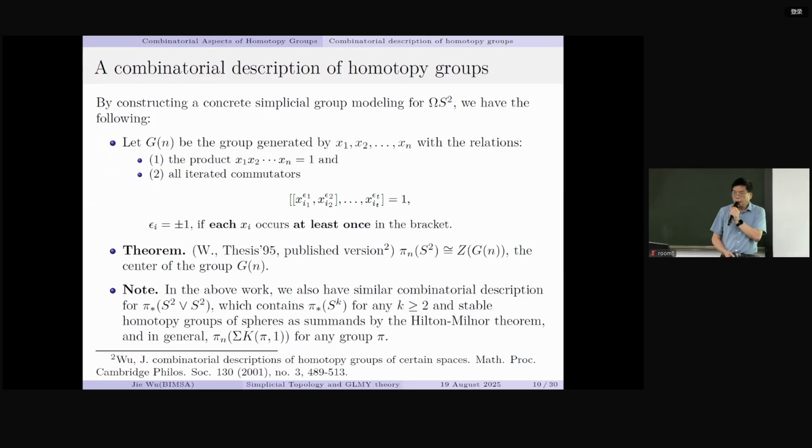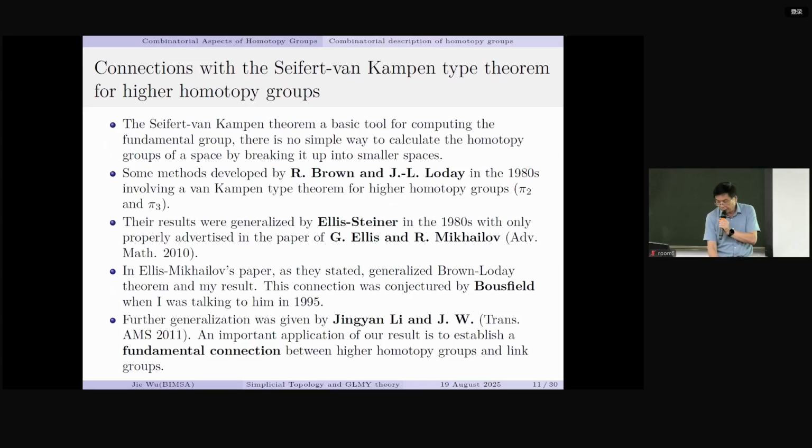Okay, now let's say I read some information. This will be a result from earlier. One direction of this is the so-called higher Van Kampen type theorem for higher homotopy groups. We see that for fundamental groups, the Van Kampen theorem is quite important for computing them. Now the question: what happens for higher homotopy groups?